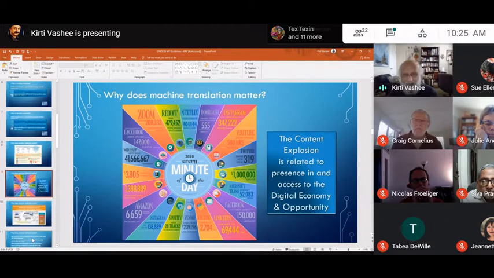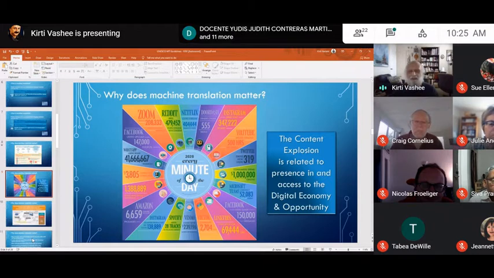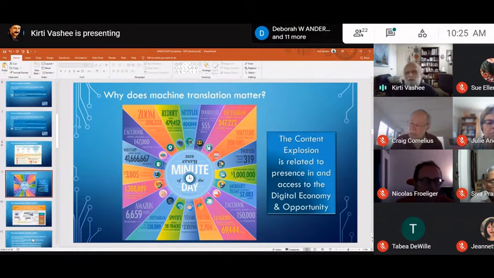There's millions of text messages being sent. There's 41 million, about 42 million messages being sent in WhatsApp. So this just gives you a sense of the scale. And if you look at it, from year to year, you'll see that the numbers move at an unbelievable rate.